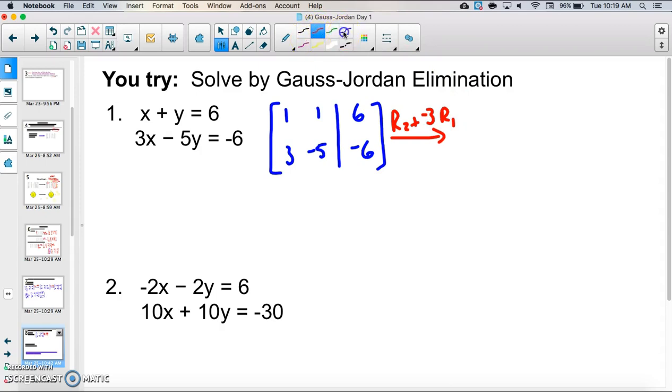You'll notice I a lot of times will use just like adding negatives rather than subtracting. For some reason I just don't like subtracting very much. So when we add those together, we get 0. -3 plus -5 is -8. And -18 plus -6 is -24.